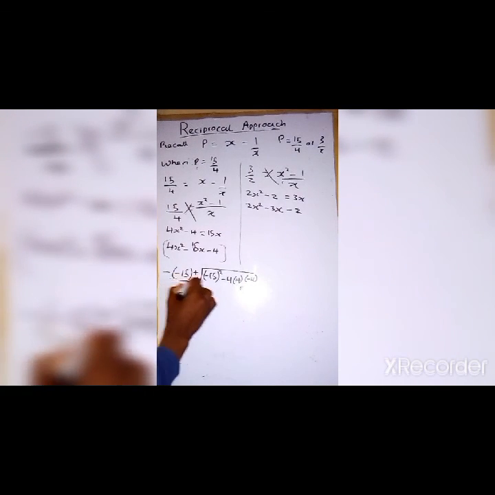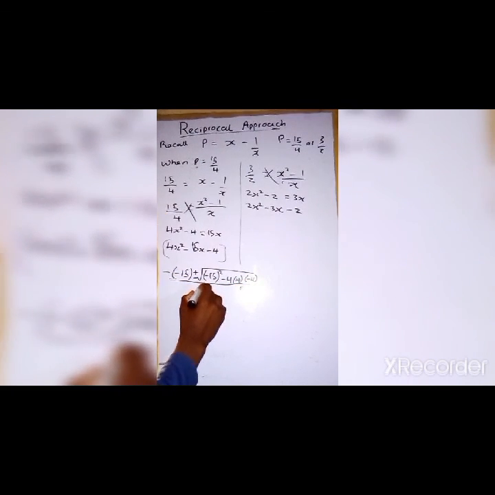So everything over 2 into bracket, my a, 4. So now I have 15 plus or minus square root of 15 squared, I have 225.